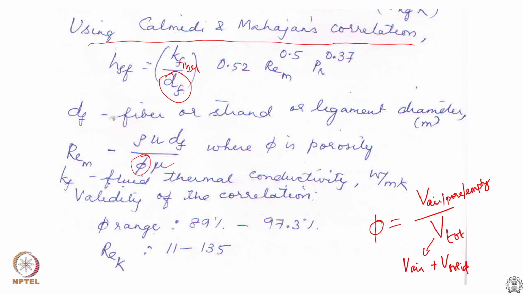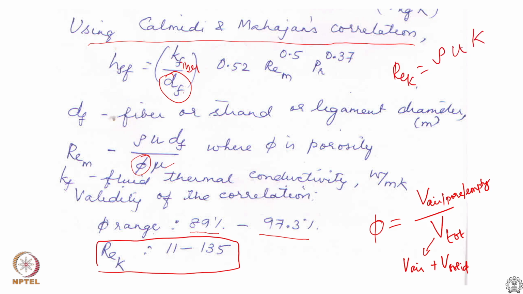So that is the expression for V air divided by V total, and this correlation is valid for the porosity range of 89% to 97.3%, and Reynolds number based on permeability. What is Reynolds number based on permeability? It is given by the expression rho u square root of K divided by mu. K has units of meter square.